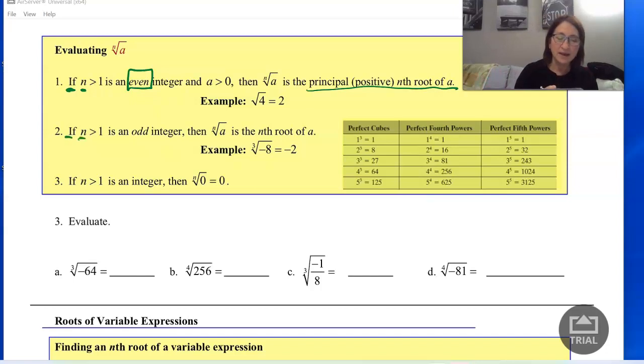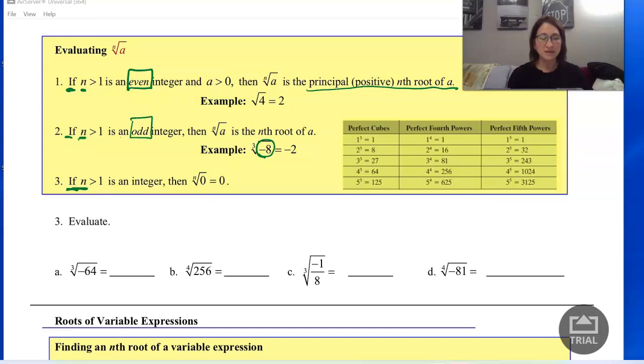If n is odd, then the nth root is going to be the root of a, so in this case, the cube root of -8 is -2. If n is an integer, then the nth root of 0 is just 0.